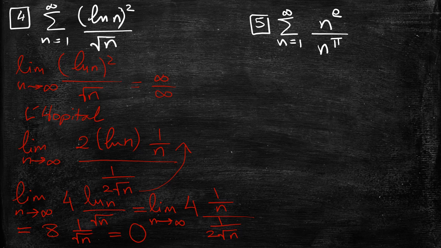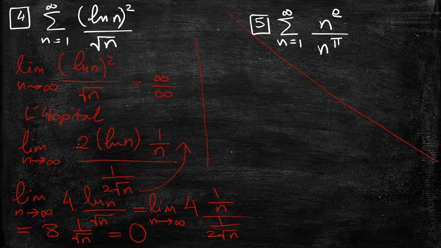In this case, this is very simple. The ratio test will not be helpful. For sure it won't be helpful. This is nothing related to n factorial or even a number to the power n. But what we can consider here is the limit comparison. So compare which terms with which terms.